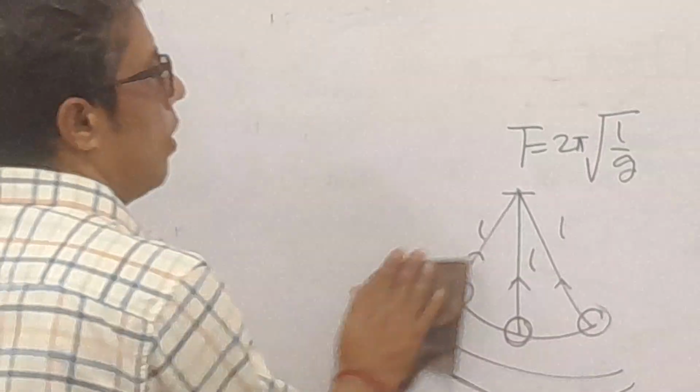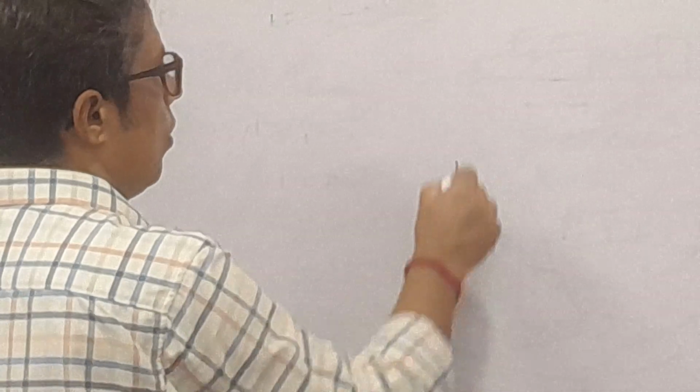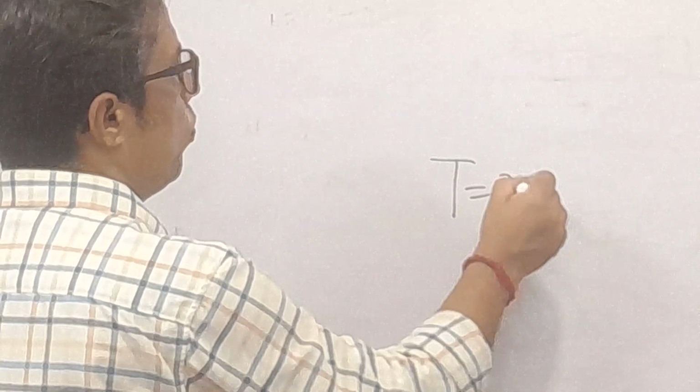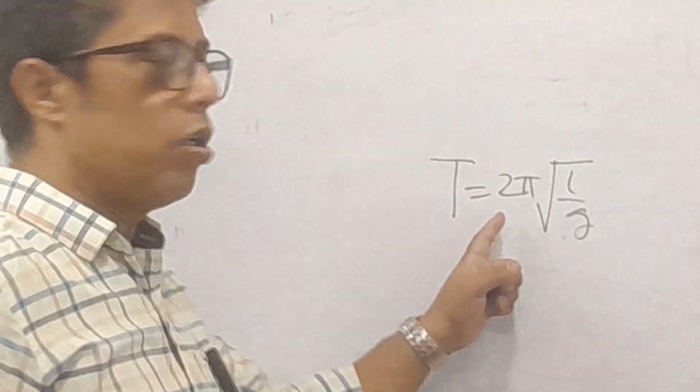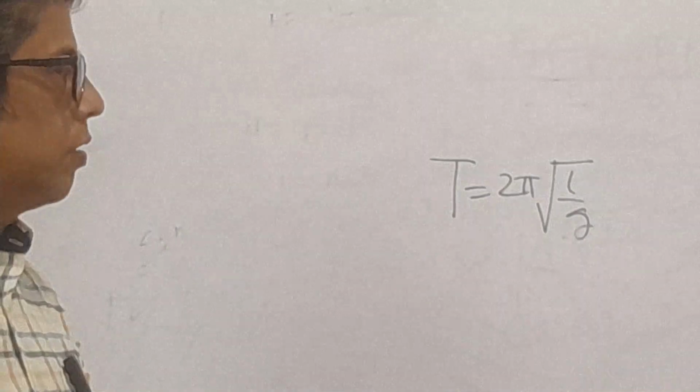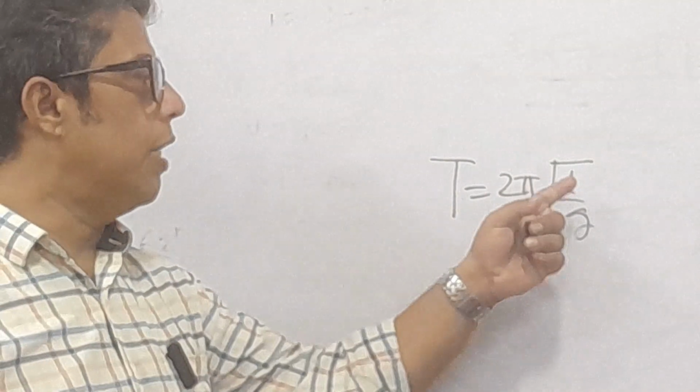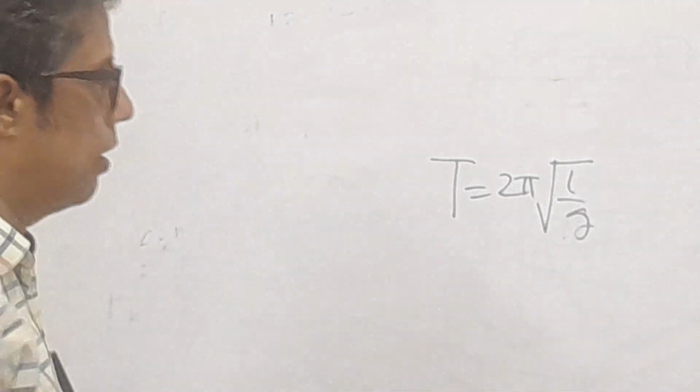Now let me write the time period T again. T is equal to 2 pi root L by G. Here 2, pi and G are constants. L is the length of the string of the pendulum and T is the time period.